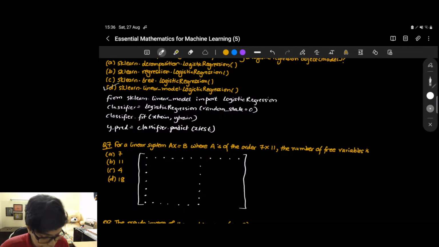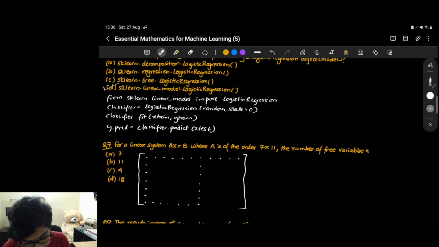So when you apply row operations to reduce this into the reduced row echelon form, you want to solve the system of linear equations Ax equal to b. So what you basically do is apply row reduction operations to reduce the augmented matrix into a reduced row echelon form.